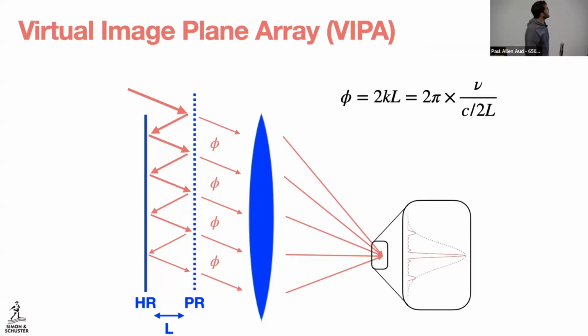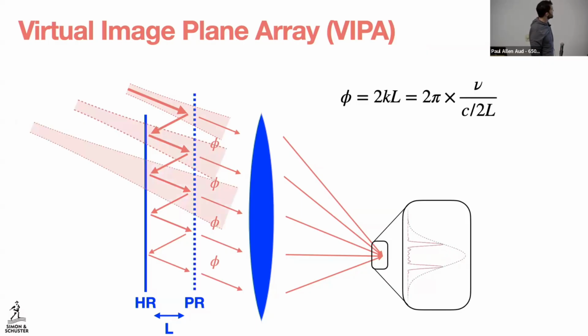Okay, so what is the challenge with this thing, and why is it called a virtual image plane array? Well, because we deal with Gaussian beams here. So that beam is diverging. And to see how the next round trip diverges, you should imagine that this next one came from a spot that was slightly further back, and the next one from a spot that was slightly further back.